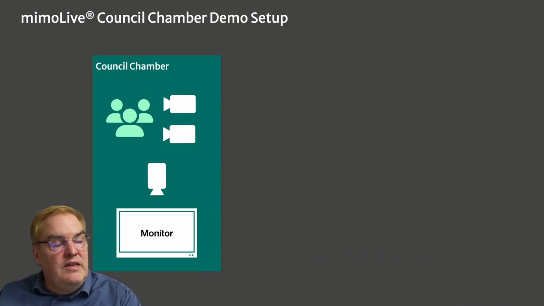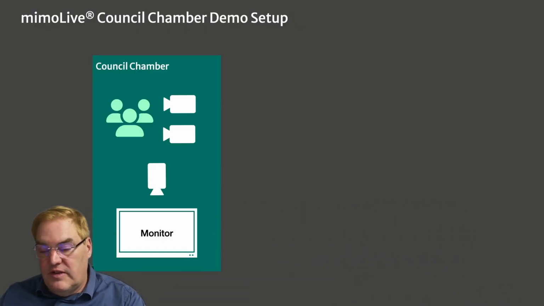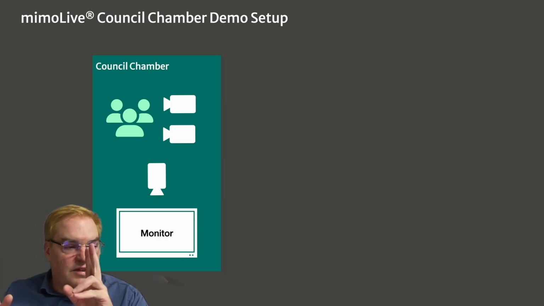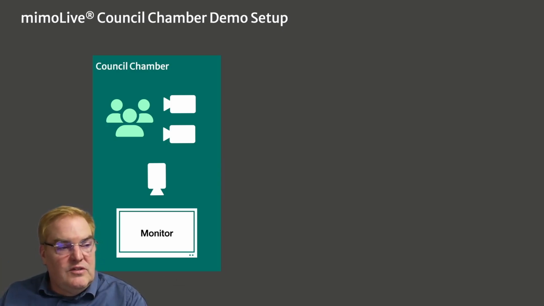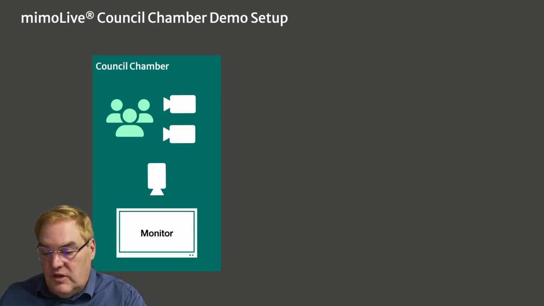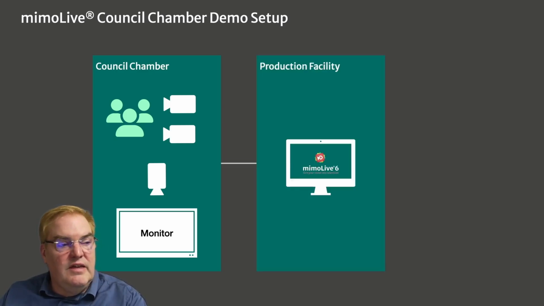What have you seen? Just a quick recap of the demo setup. We have this council chamber with two PTC Optics cameras pointing at the council members. We have one camera pointing at the monitor, and we can send video from the production facility. The production facility is connected to the council chamber through an NDI bridge.